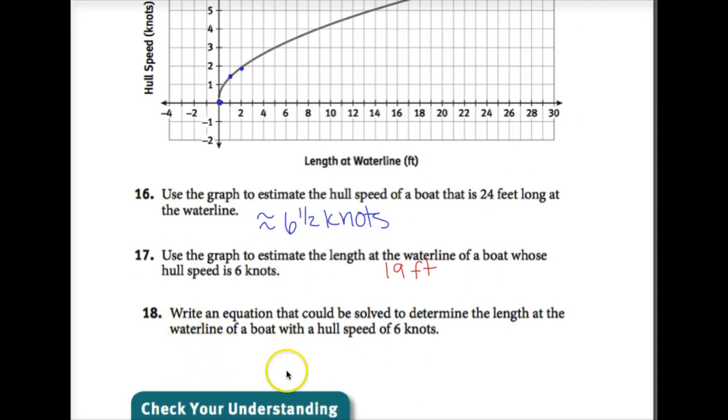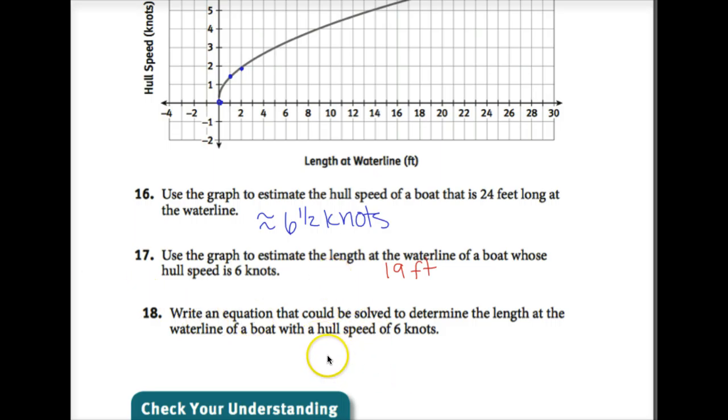And finally, 18, write an equation that could be solved to determine the length at the waterline of a boat with a hull speed of 6 knots. So, meaning if we had to do this algebraically, how would we do this? If we're trying to determine length, that means x is our variable.